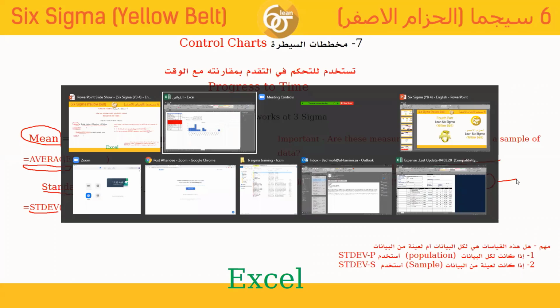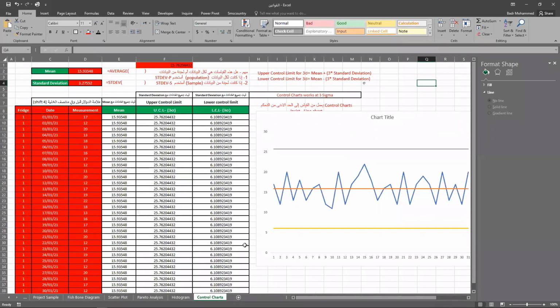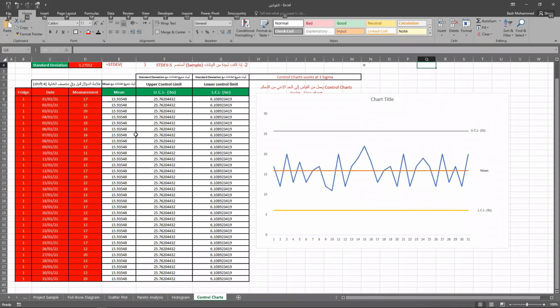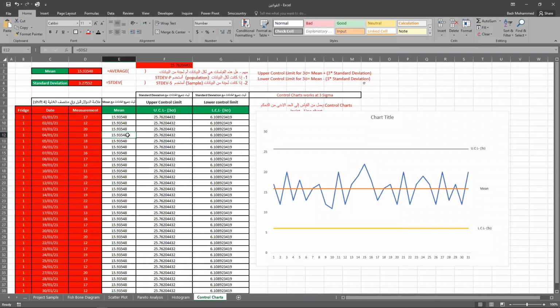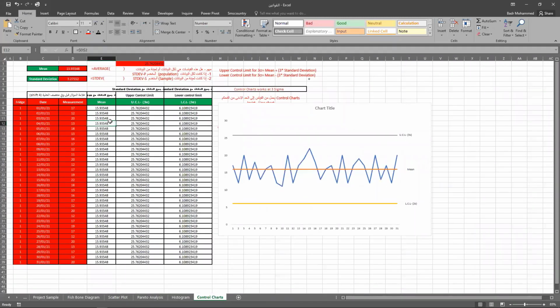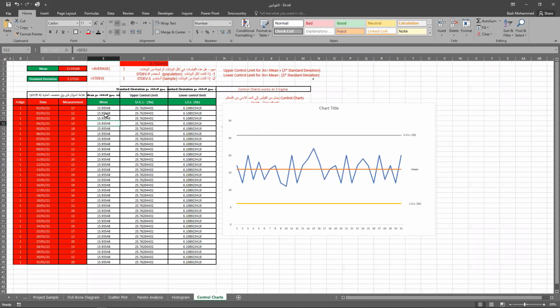So let us see in Excel, and let us have this example. This example in front of us is about the temperatures we have for one fridge out of many fridges in our warehouse.